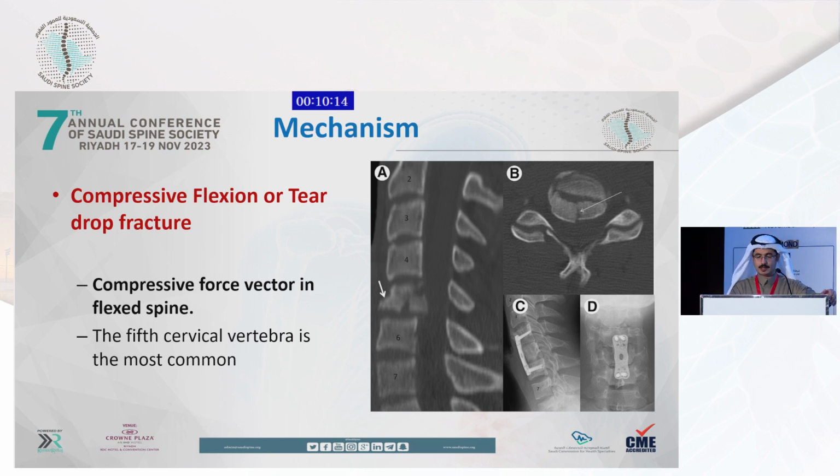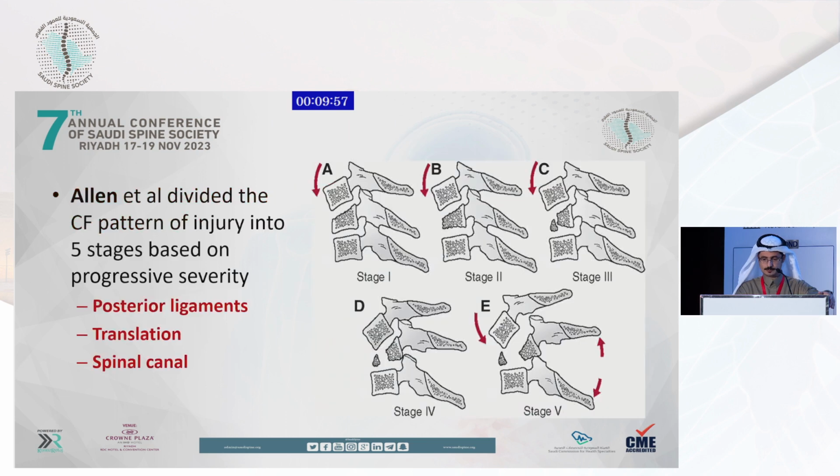Whenever we see a protrusion or retrobulge of the posterior elements into the canal, that is almost always a sign of discoligamentous complex disruption, and it signifies a high energy or unstable injury.